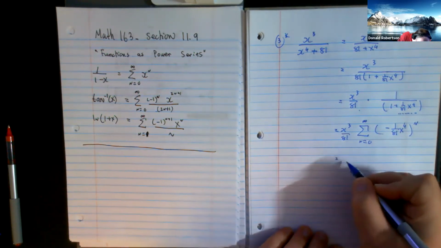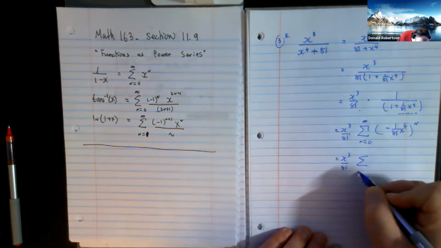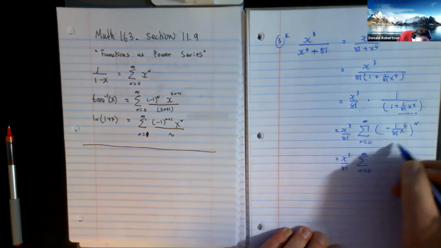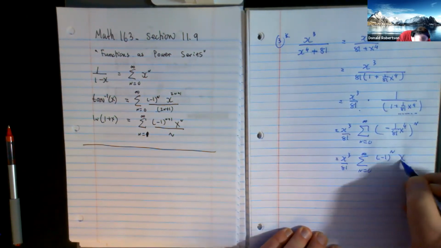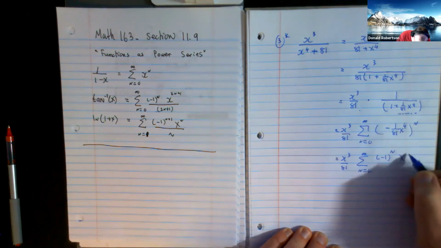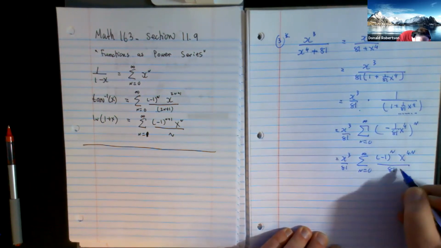And that is now going to become each of its little pieces. Going to get that guy. X to the 4 raised to the n gets you 4n. And 81 gets you n.